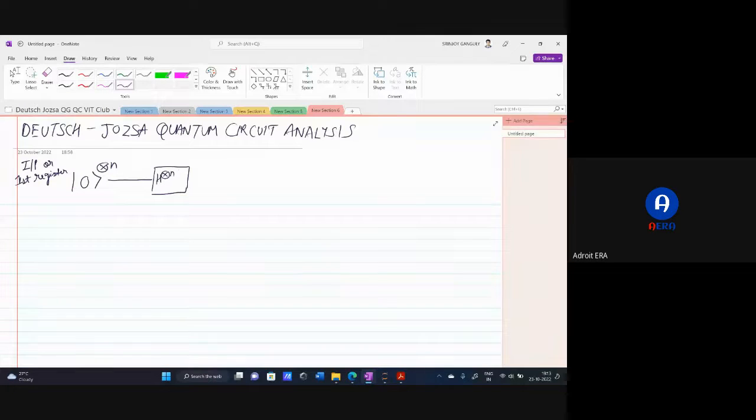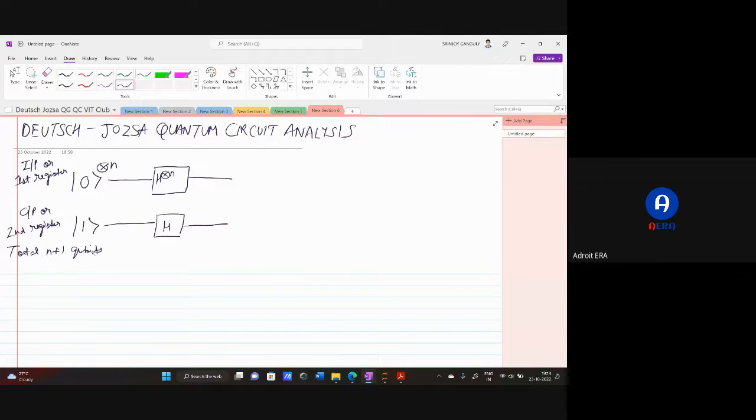We also have the second register, where we also apply Hadamard to create superposition. This is what we call the output, or the second register. If the first register has n qubits, then we have another qubit, so the total will be n plus 1 qubits.